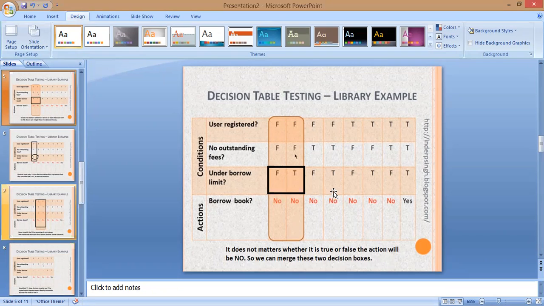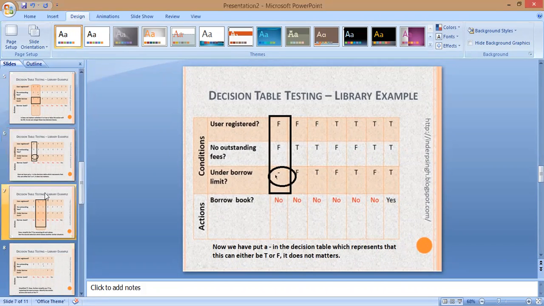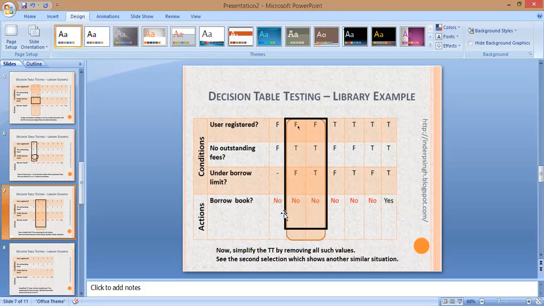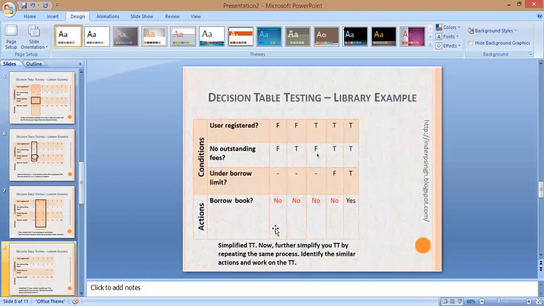Similarly, moving forward, if the user is unregistered, it does not matter whether the user has an outstanding fees or has crossed the borrow limit or not, the answer will still be no. In such cases where you know that no matter whether the condition is true or false, the final result will be no, you put a dash on those conditions which can be either true or false but the final result would remain the same.